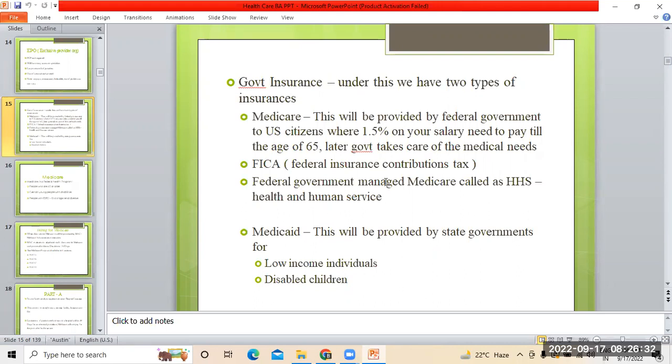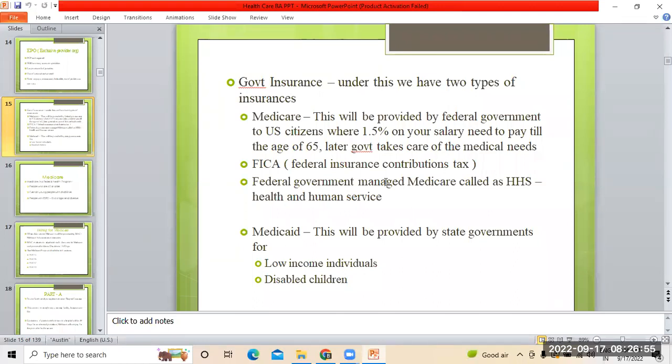So among these terminologies, FICA is one account. It comes under the Federal Insurance Contribution tax, where the taxing amount of 1.5%, whatever I said, will be maintained under FICA.